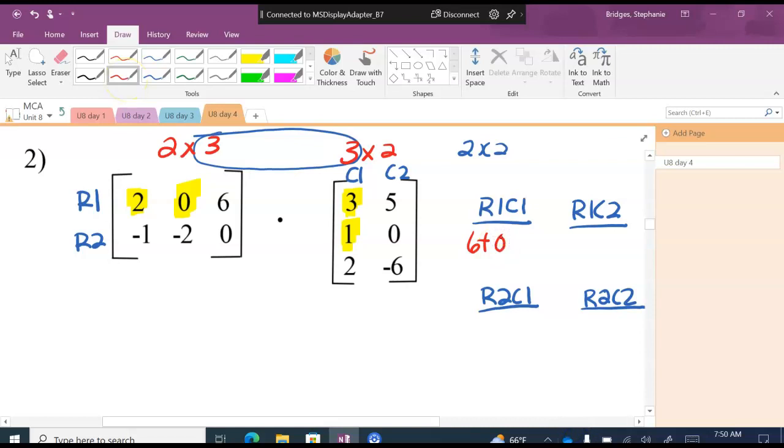But this time, unlike Friday, we have more elements in the first row and more elements in the first column. So we have to continue. And we're going to multiply 6 times 2 now. 6 times 2 is 12. And so then we can add all those together. 6 plus 0 plus 12 gives us 18. That goes row 1, column 1 in my answer.